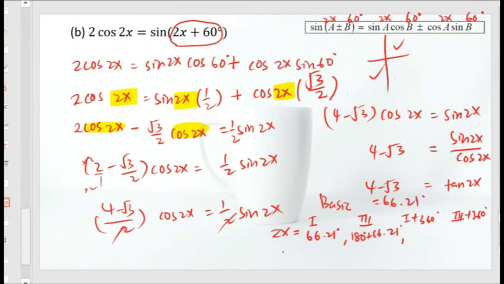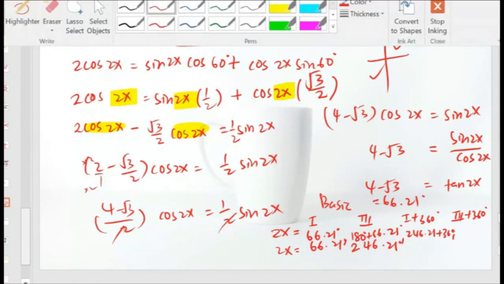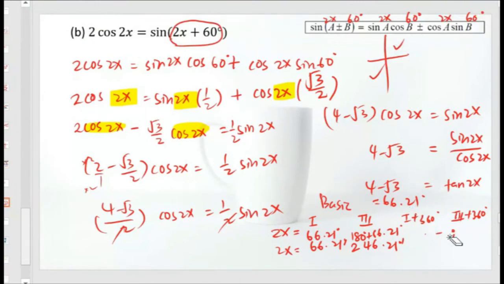The third one is 66.21 plus 360, and the fourth one is 246.21 plus 360.